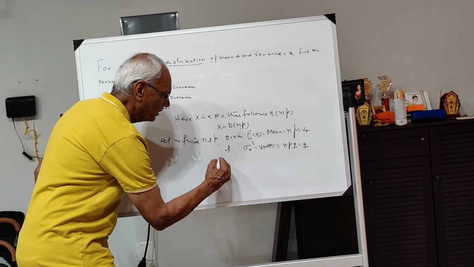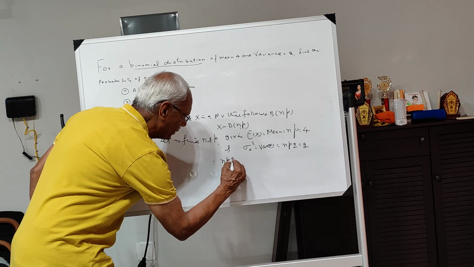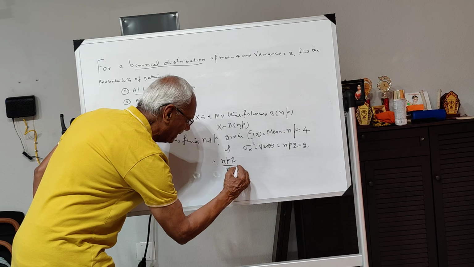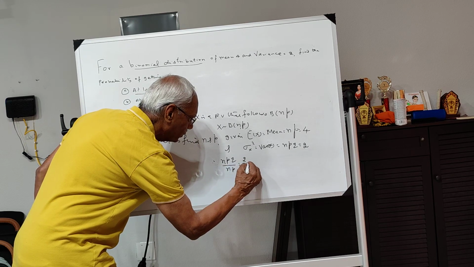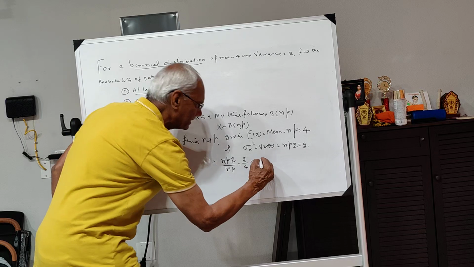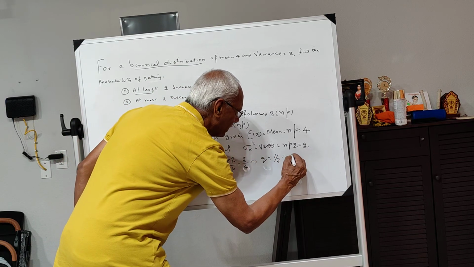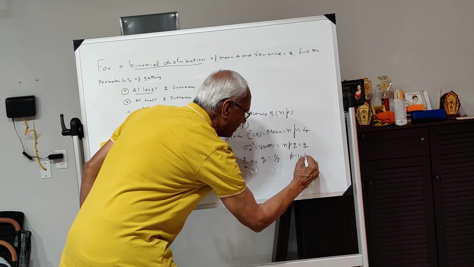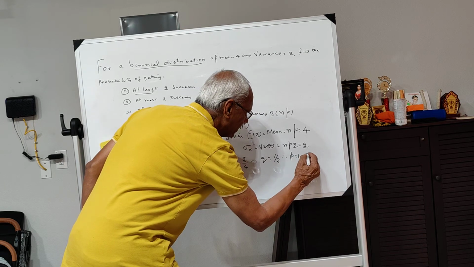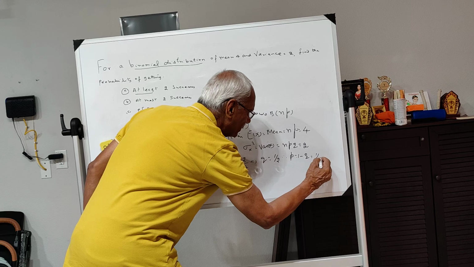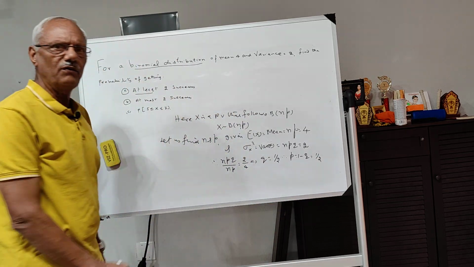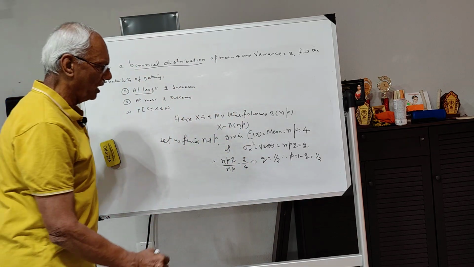Therefore npq divided by np will be equal to 2 by 4, which implies q is equal to half, and therefore p is equal to 1 minus q, which is equal to half. So you see that p is equal to half and q is also equal to half.